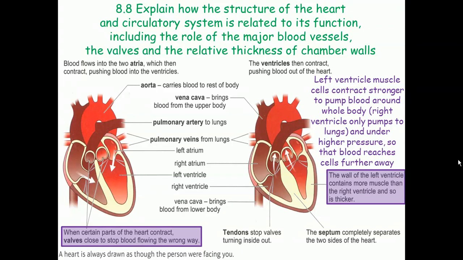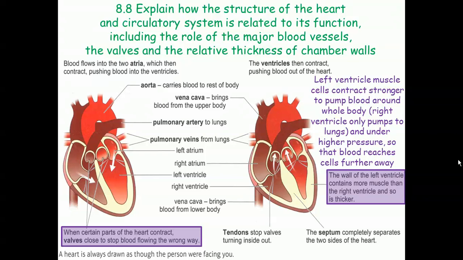So the left ventricle muscle cells, and there's more muscle cells in the left ventricle wall than in the other chambers, they have to contract stronger to pump blood around the whole body, while the right ventricle only needs to pump to the lungs. They pump it under a higher pressure so that the blood can reach those cells that are further away in the rest of the body.